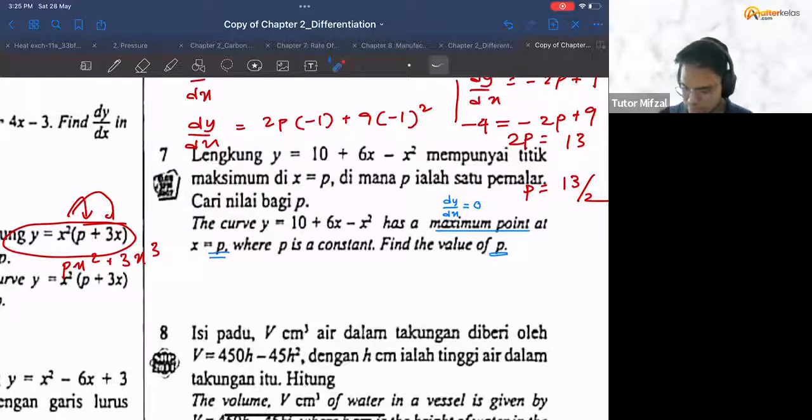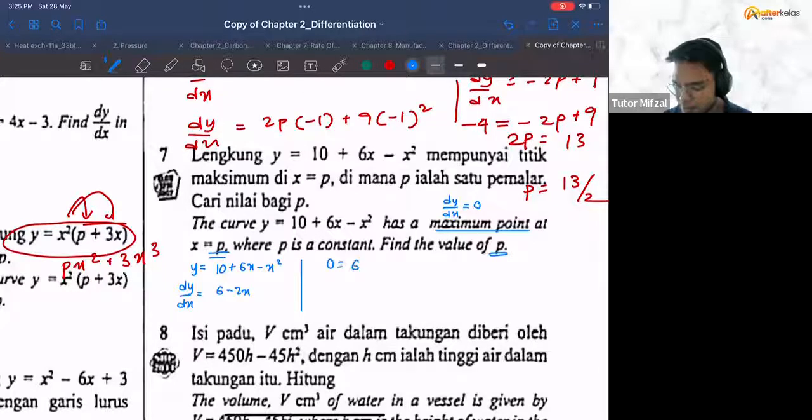So, senang cerita, y equivalent to 10 plus 6x minus x square. Then we do dy over dx is equivalent to 6 negative 2x. Okay. Then, since dia kata it is a maximum point, kita buat 0 lah. Okay. Then 2x is equivalent to 6, x is equivalent to 3.